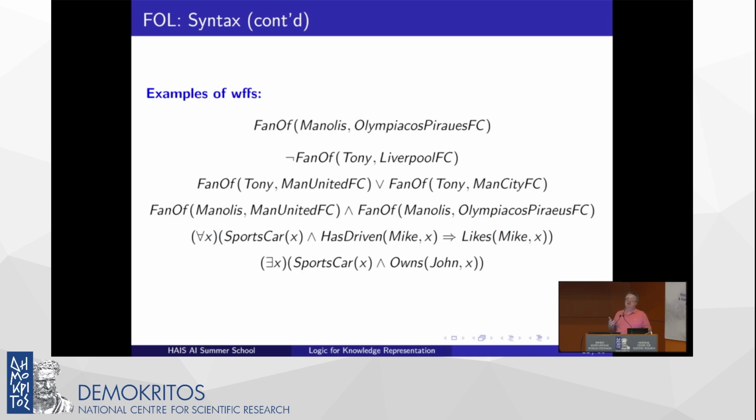But if I was using letters like X, Y, P, Q, you wouldn't know what they mean. And then semantics come and tell you that Manolis is this person. Olympiakos Piraeus is the famous team that won the Conference Cup.